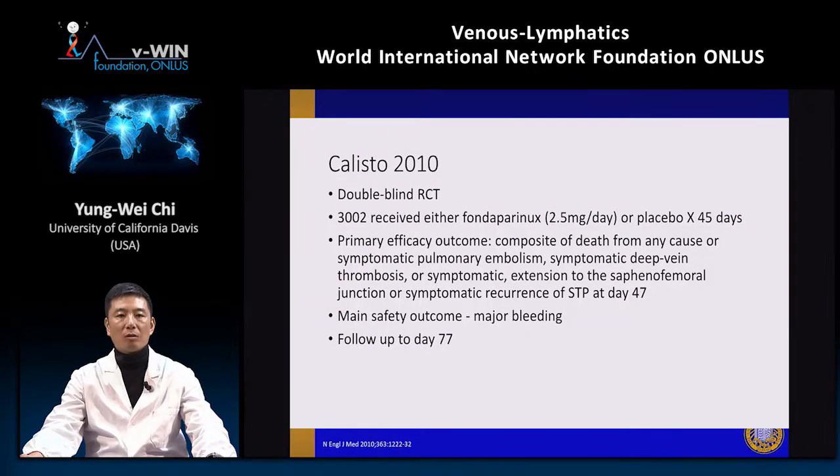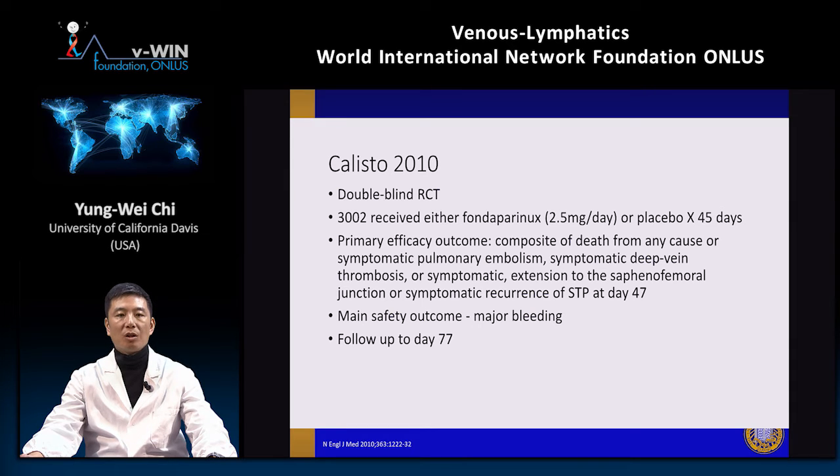The CALISTO trial was a double-blinded randomized controlled trial of 3,000 patients with acute superficial venous thrombosis, randomized to 2.5 milligrams per day of fondaparinux or placebo for 45 days, with a total of 77 days follow-up.